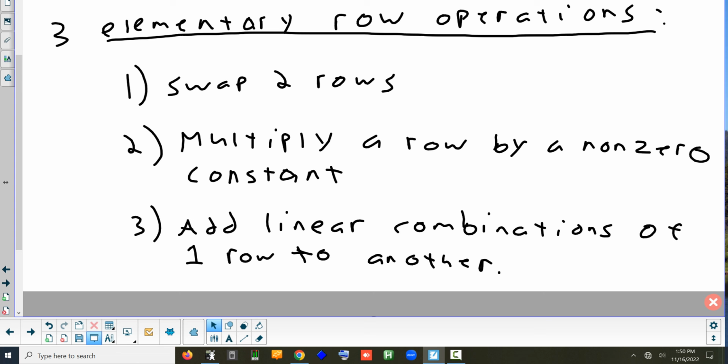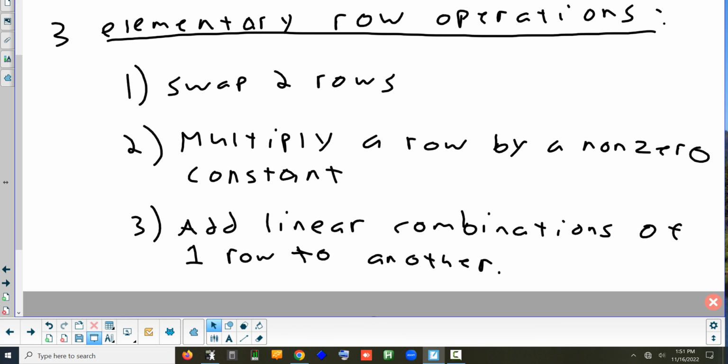And the third operation says once you multiply a row by a number, you can add it to another row. But yeah, we've done that one too. We added 2 equations together. Usually one of them had a number and the other one had the opposite. So our goal was to always get a 0 for one of the variables by adding one equation to another.